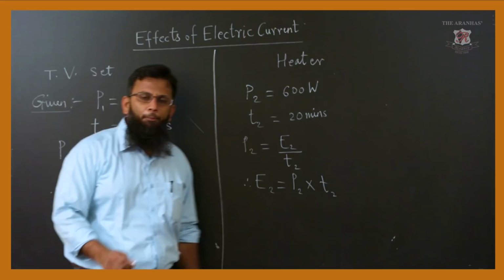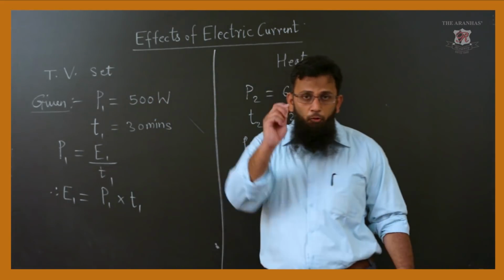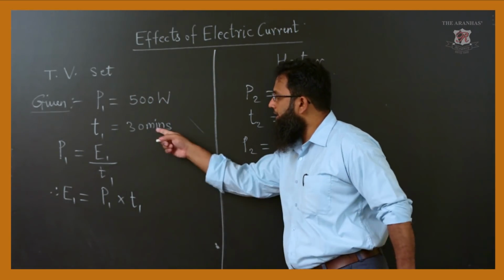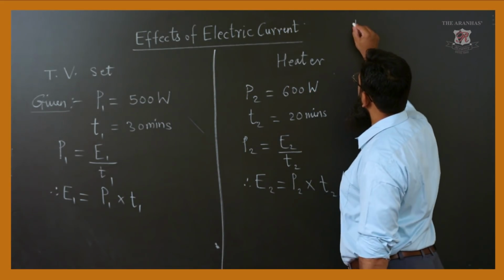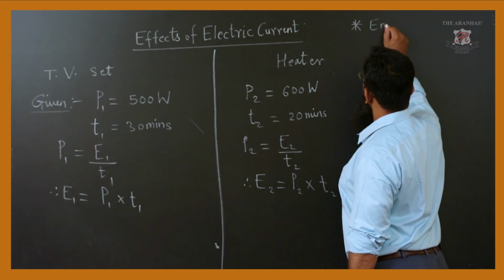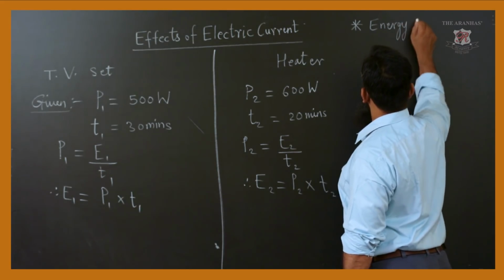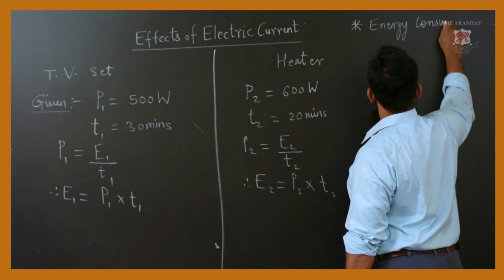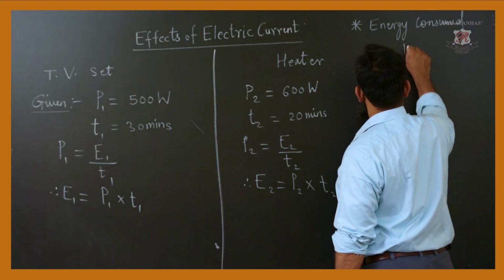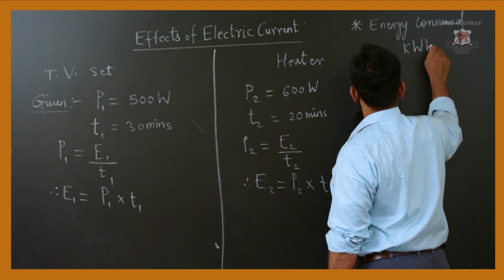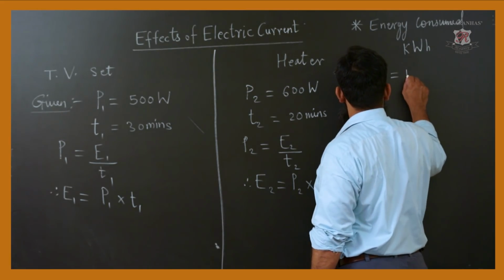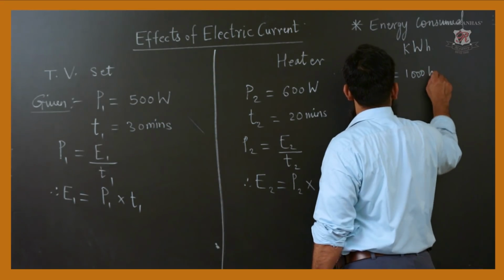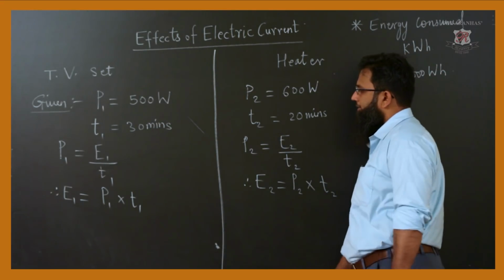Now, the most important factor which is to be converted in this numerical is the time duration. So far we have seen that the energy consumed is in kilowatt hour. At the most we can write it as 1000 watt hour.